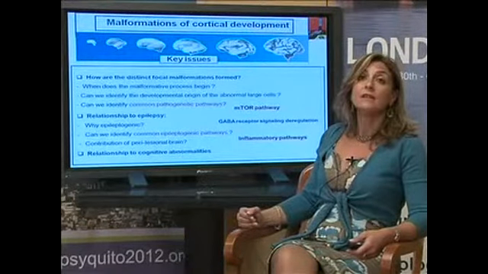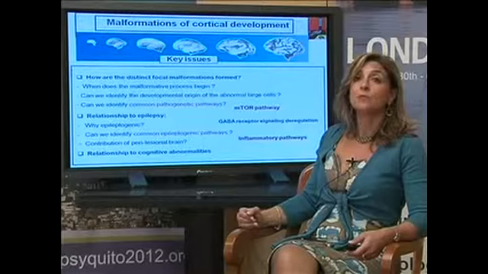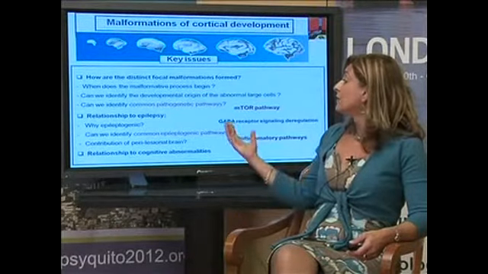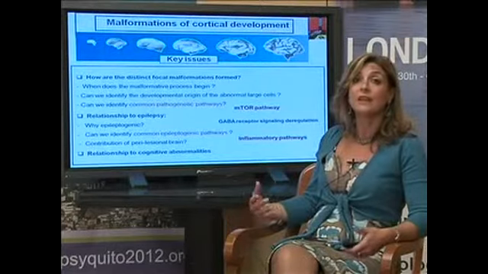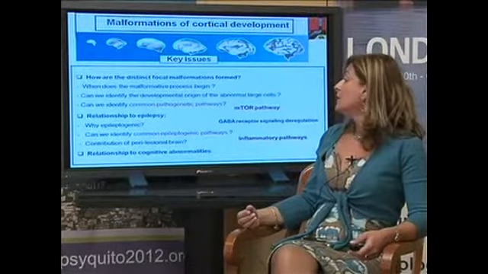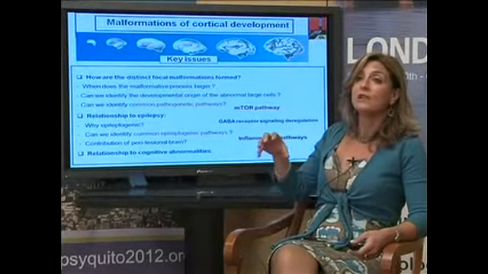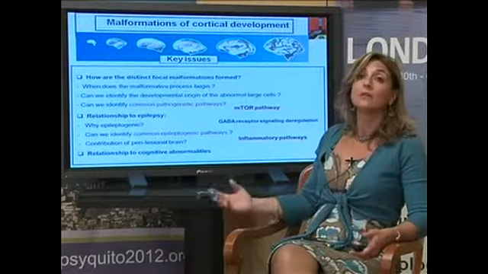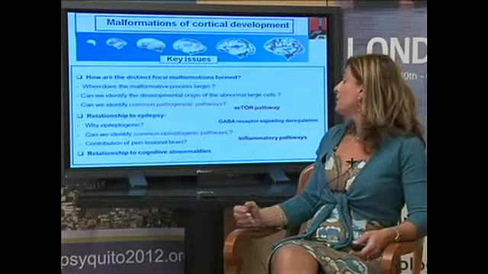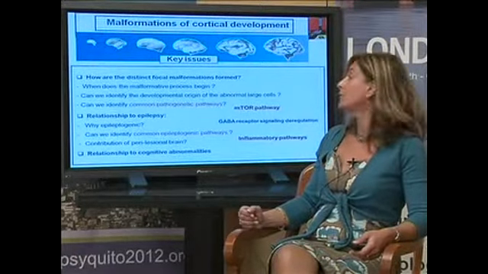And then clearly for us, working on epilepsy, it's important to understand the relationship to epilepsy. So why are they epileptogenic, why are they highly epileptogenic, what is the role of the lesion versus the perilesional brain, and it is important also here to identify a common epileptogenic pathway.